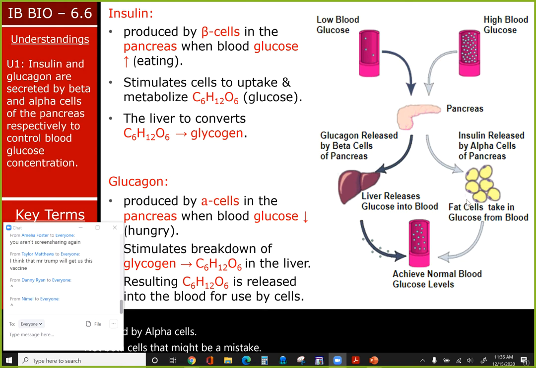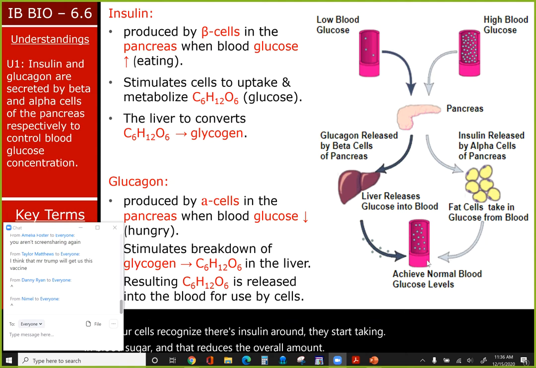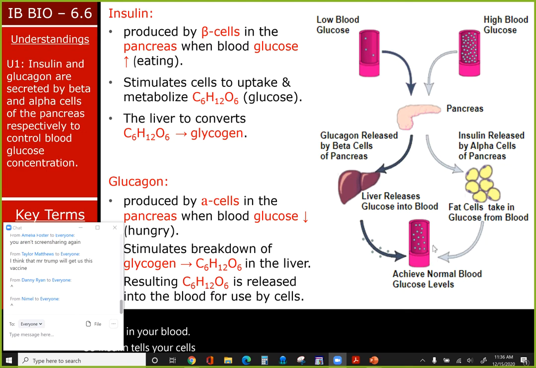We'll have to check that in a minute. Once your cells recognize there's insulin around, they start taking in blood sugar, and that reduces the overall amount of sugar in your blood. So insulin tells your cells, take sugar out of your blood.